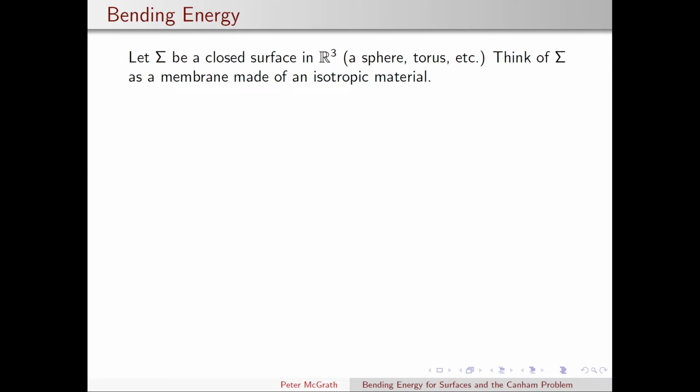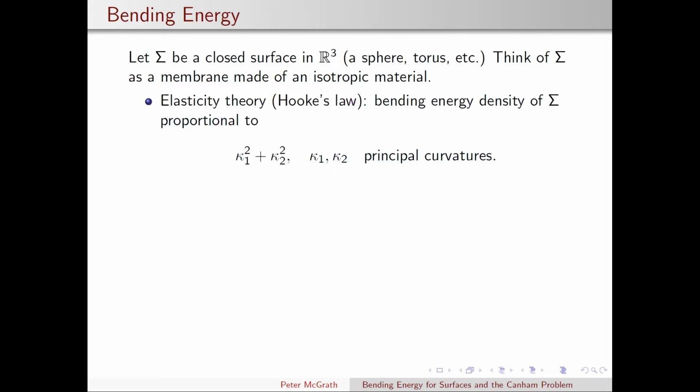I want to think of this surface as being bent, and look first at how much it costs locally to bend this surface from being flat. A simple calculation shows that infinitesimally the amount of energy density to bend this plate is proportional to the sum of the squares of the principal curvatures.